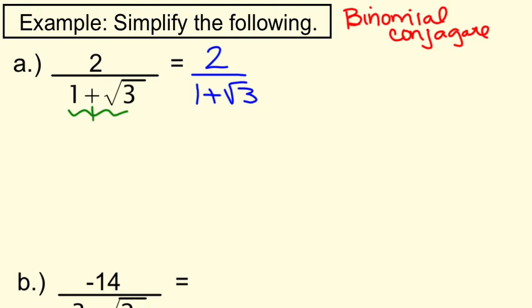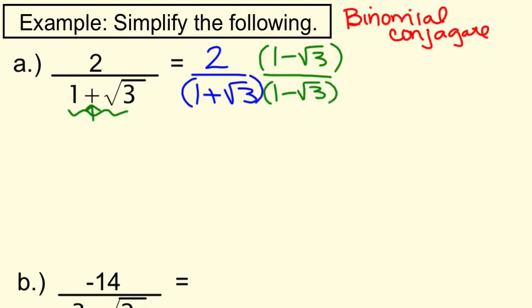So we change that little sign right there to a 1 minus the square root of 3. So 1 minus the square root of 3 over 1 minus the square root of 3. I'm just going to go ahead and throw a parentheses here. Now we multiply across. Be careful on these. So I'm not going to distribute first with this 2. I'm hoping to see that maybe that 2 will cancel out later.